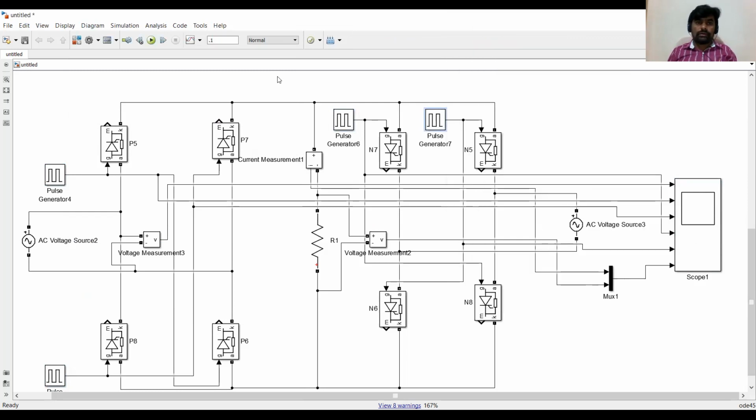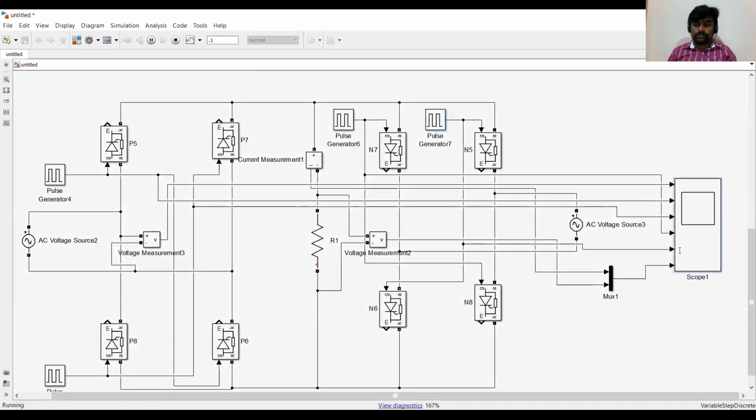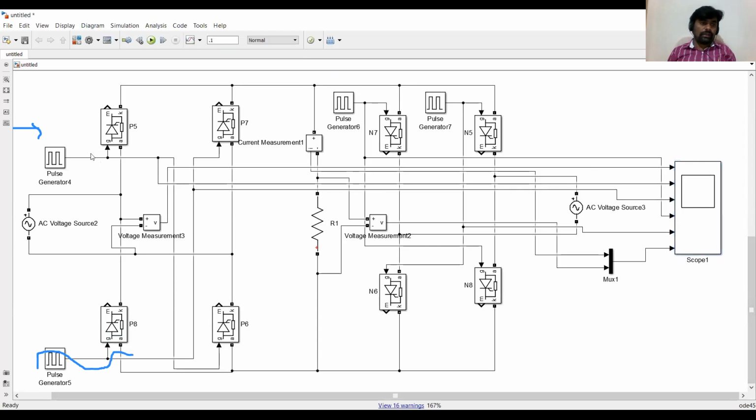Now this scope should show the firing pulse, output voltage waveform and the thyristor voltages at alpha 60 degrees. Here you can see. So this is 60 degrees. Similarly, you can see at other firing angles also.